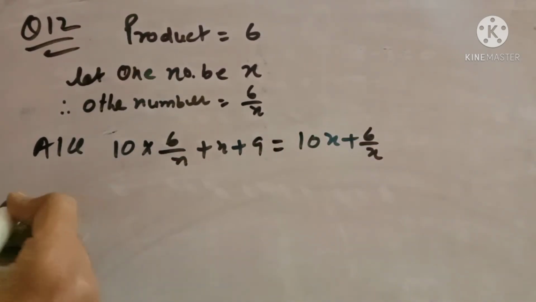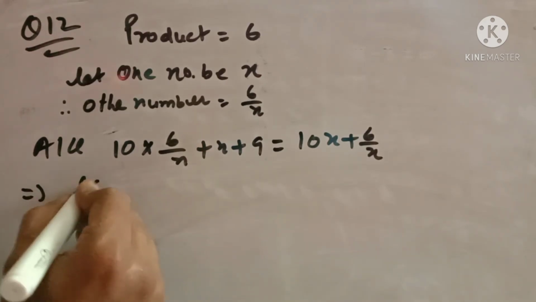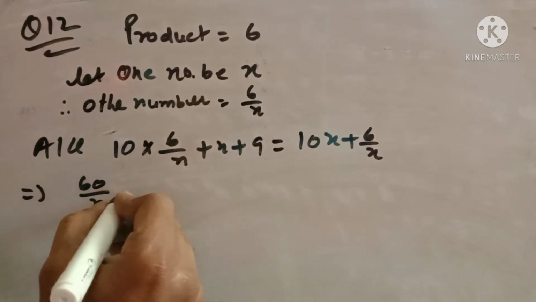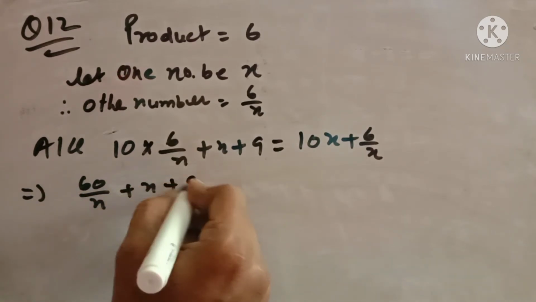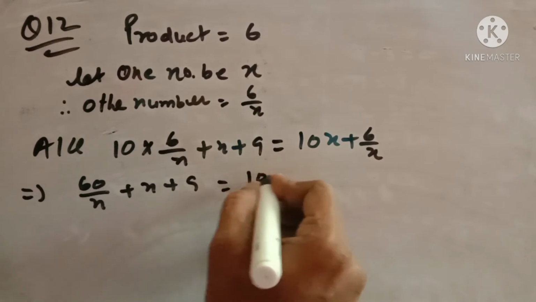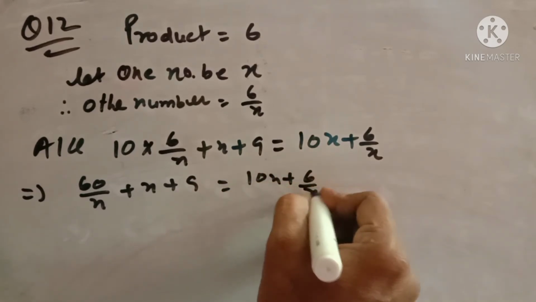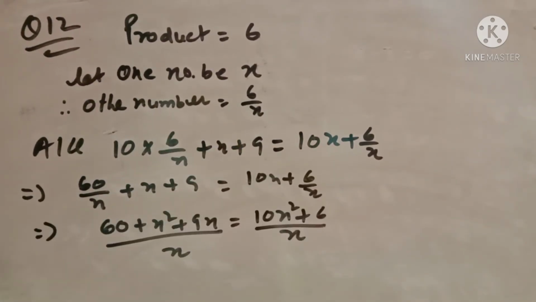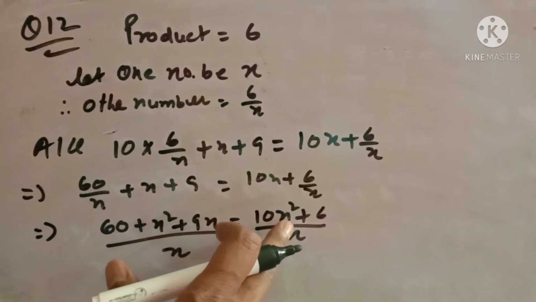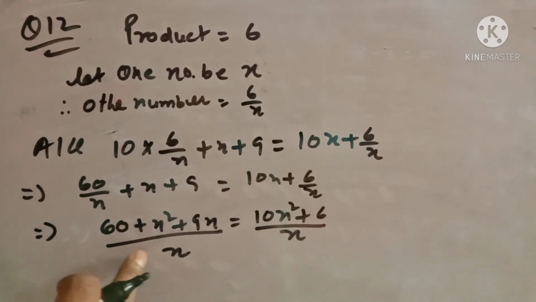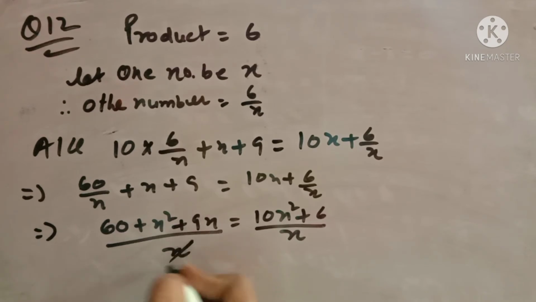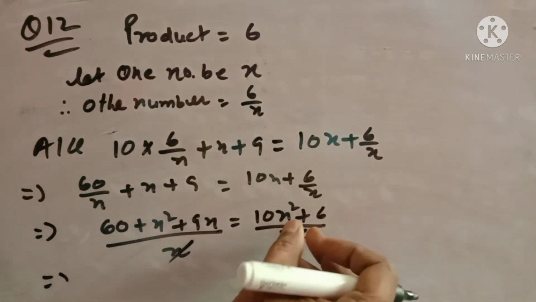This implies that we can write 60 by x plus 9 equal to 10x plus 6 by x. So it will come 60 plus 9x plus x square equal to 10x square plus 6, all over x. So remove x.